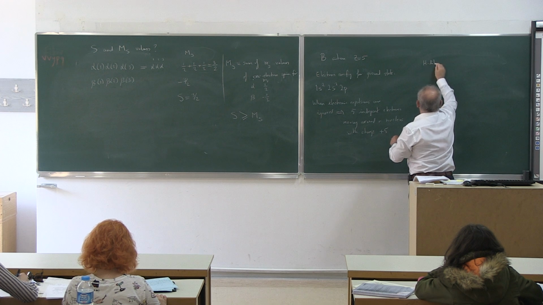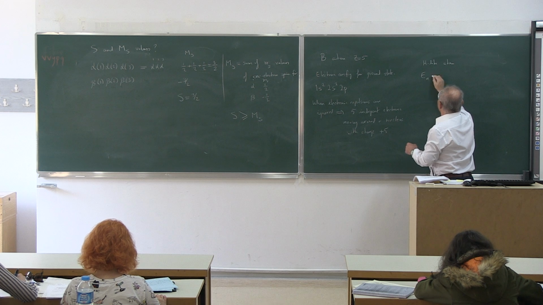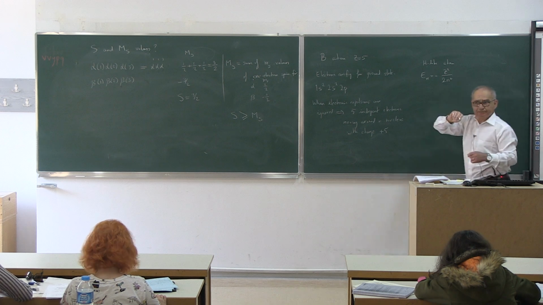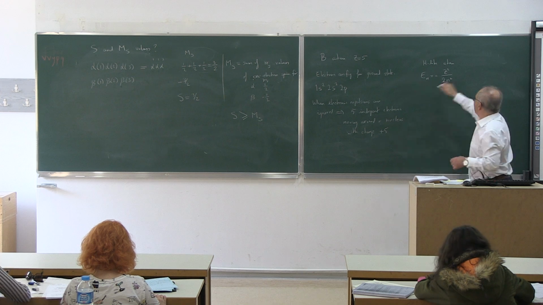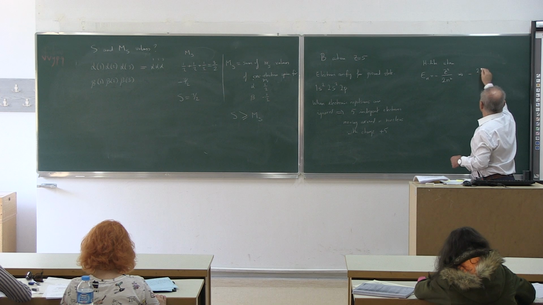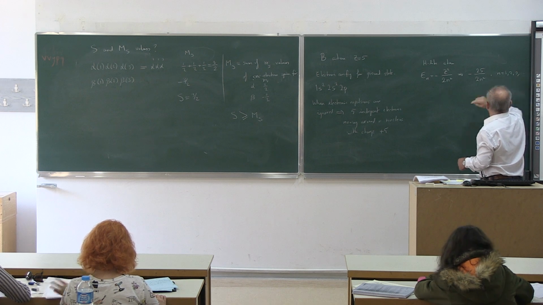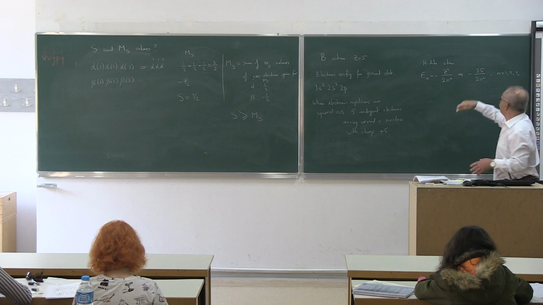The energy expression is minus Z squared over 2 times n squared. Or in our case, Z is 5, minus 25 over 2 times n squared. N is 1, 2, 3. This is in Hartree. The energy unit is Hartree.